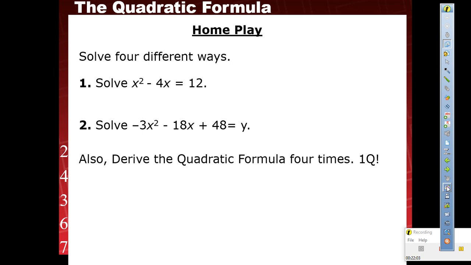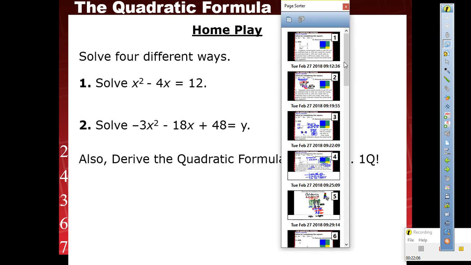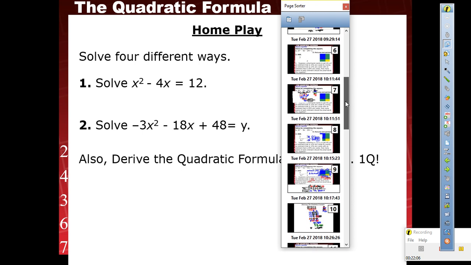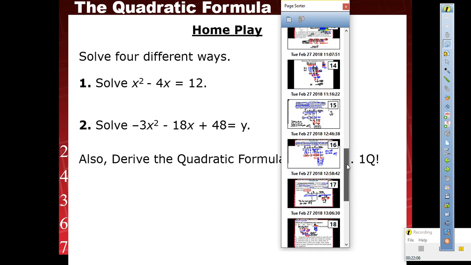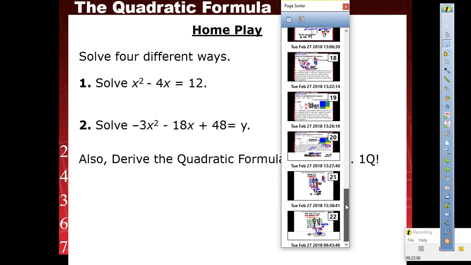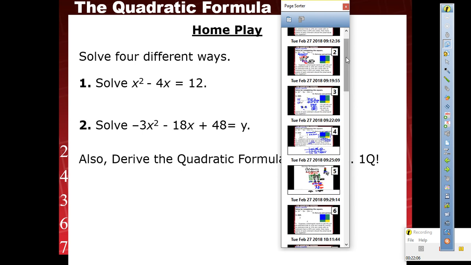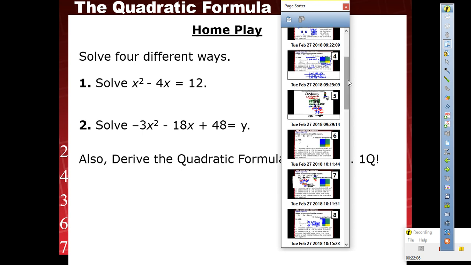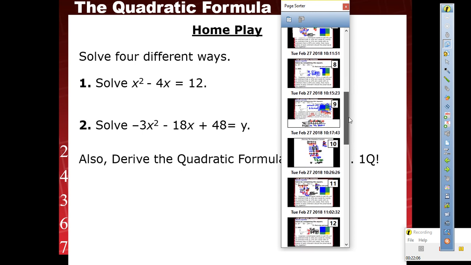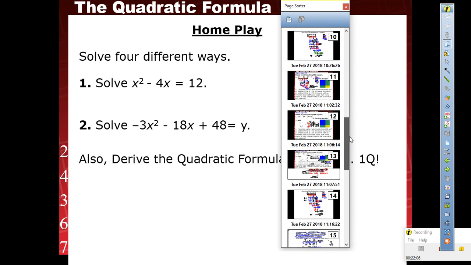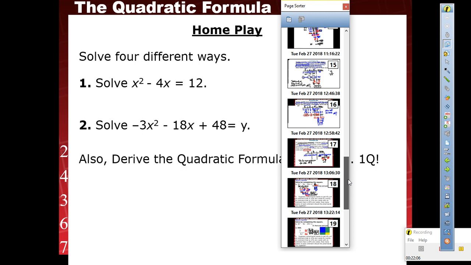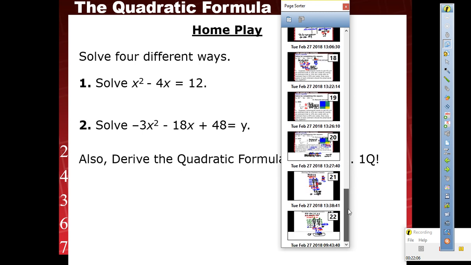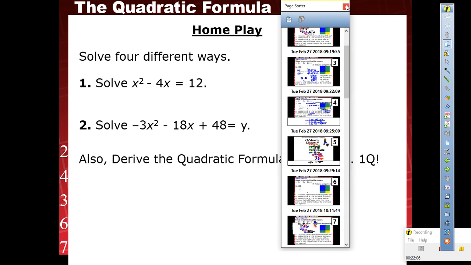Now, let me see if I have one already worked out in here with 4. No, I don't have it here. But we know the four forms, right?